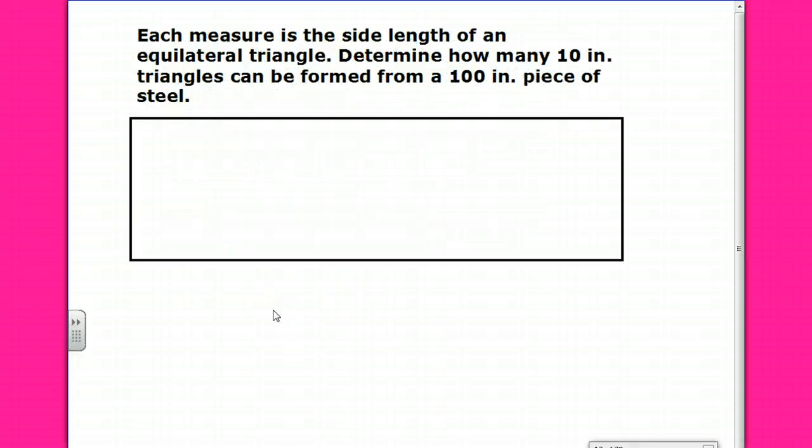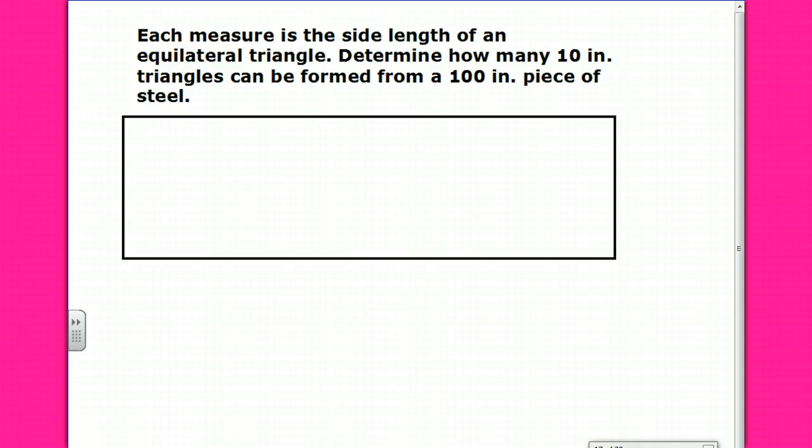This is somewhat like the last one. Each measure is the side length of an equilateral triangle. Determine how many 10-inch triangles can be formed from a 100-inch piece of steel. So again, one triangle, being equilateral, would require 3 pieces of 10-inch steel.